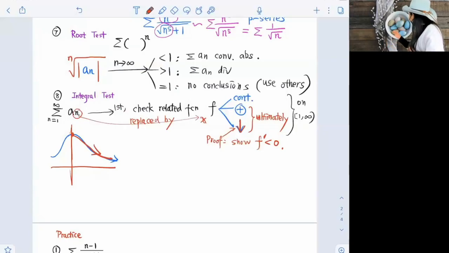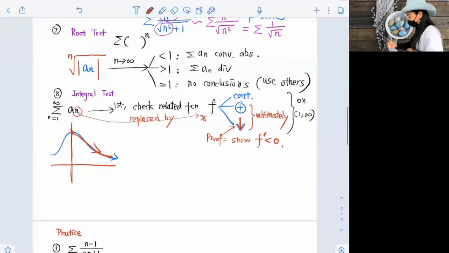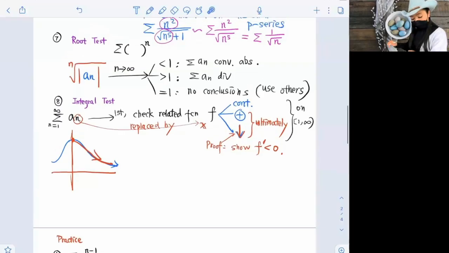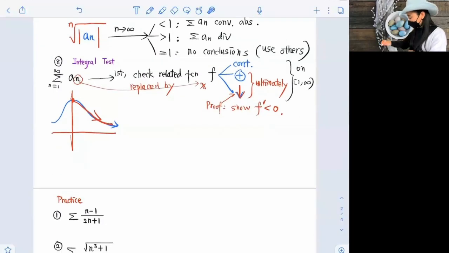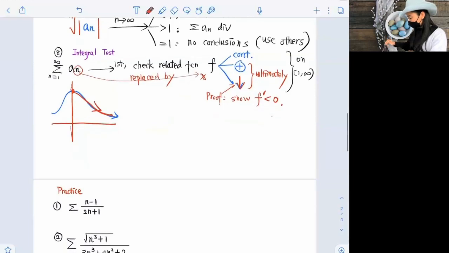It doesn't matter what happened in the past, over here. As long as it's good after a while, it is decreasing ultimately. So if we can show that this is decreasing ultimately, then things are going to work.